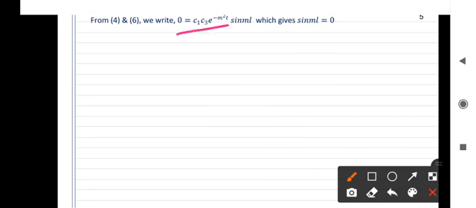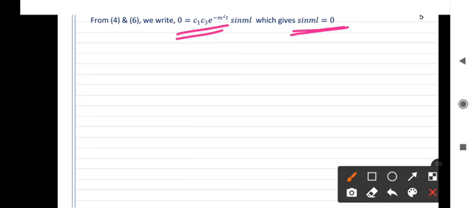Now we have to use the second condition to get a more particular solution. So with the second condition, that is u of l,t is equal to 0, for this we have to put x equal to l in equation 6. So from this we get sin ml equal to 0.